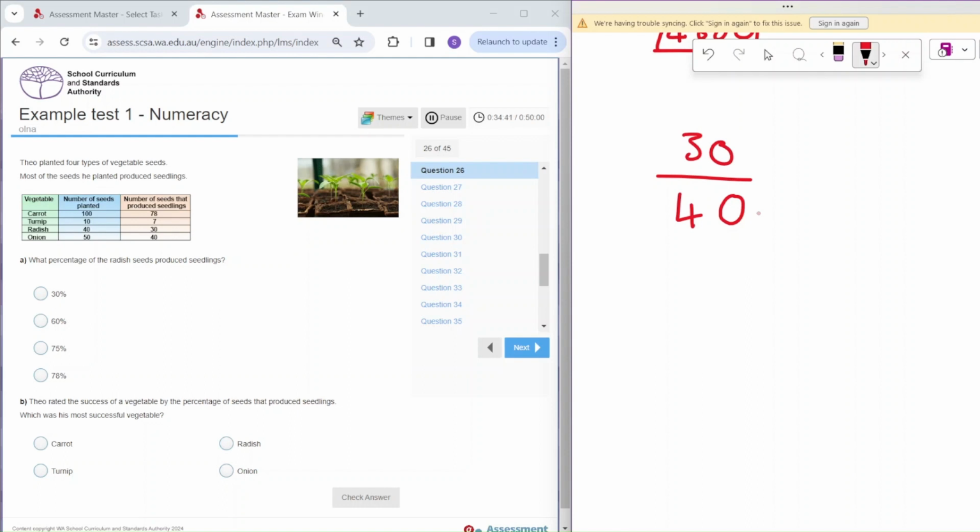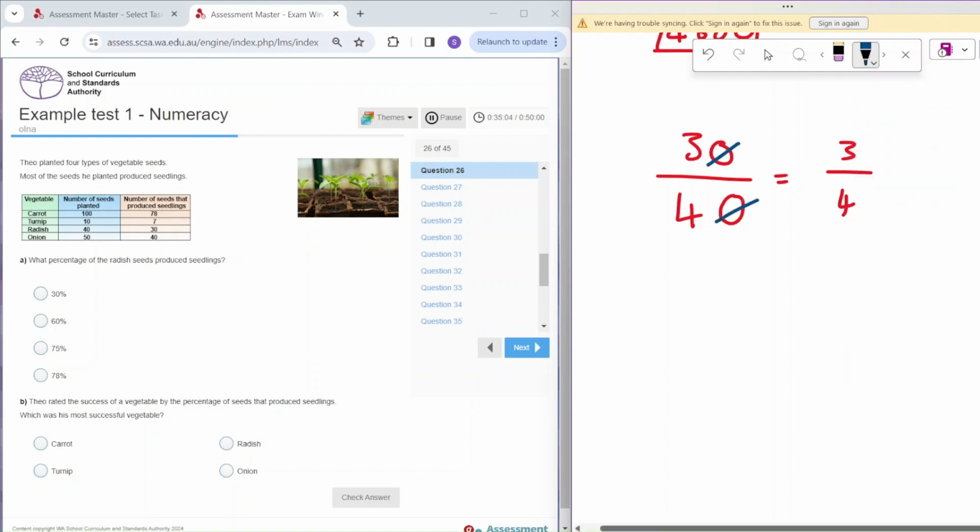Now that we've got that, we can work out the percentage. The best way to work out the percentage is through a little bit of logic and reasoning. I know that 30 over 40 is the same as 3 over 4, because I can use a concept called cancelling. I can cancel zeros.